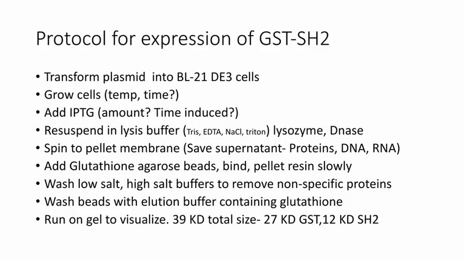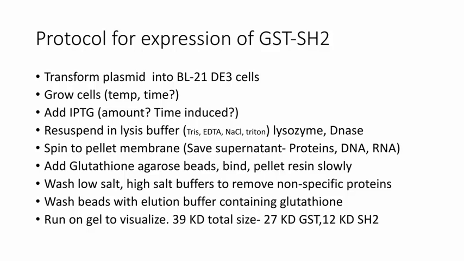And then they had to work out how long to grow the cells and what temperature to grow the cells at. Sometimes if you're trying to grow cells at 37 and express your protein at 37, you don't get the best yield of protein. So questions that have to be answered are, should I grow it at 37?